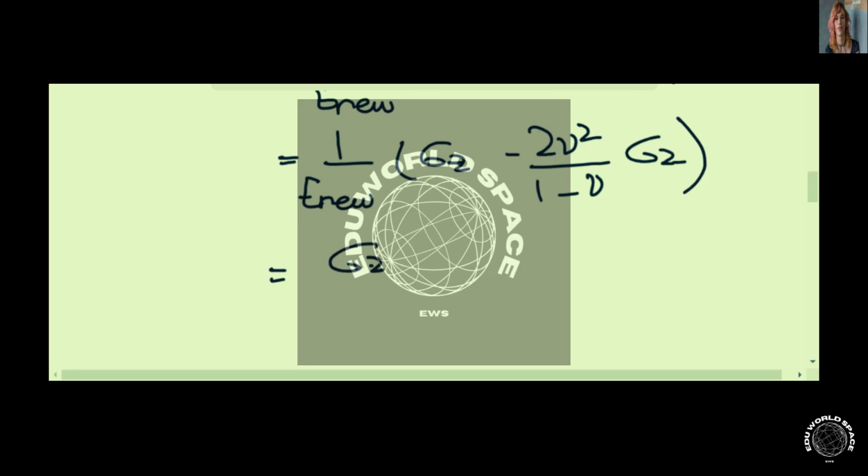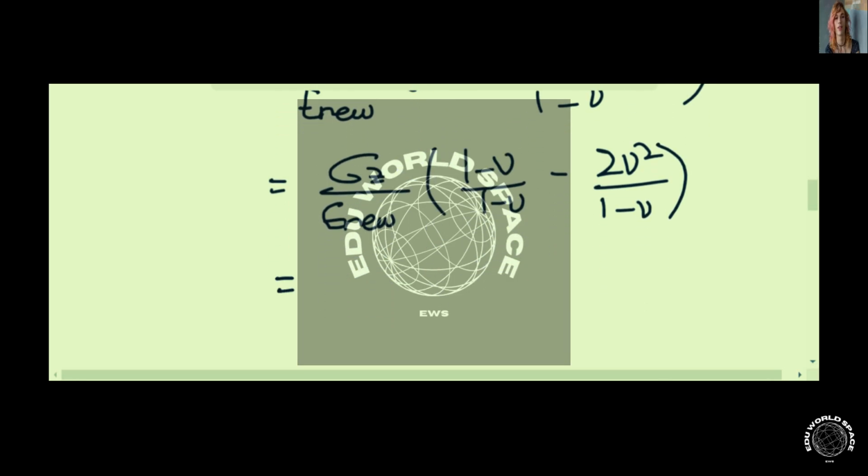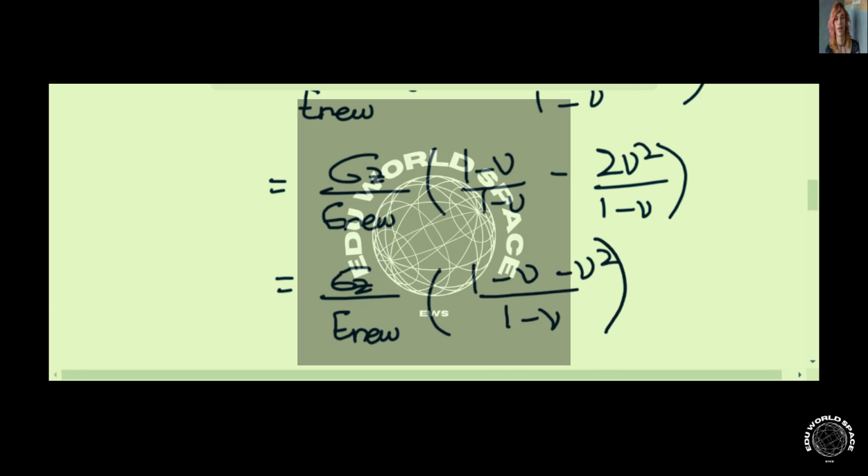So I have the new modulus of elasticity, and over here I have 1 minus v, 1 minus v. This is basic algebraic manipulation, nothing very technical is going on over here, and in the end we'll get this expression, divided by 1 minus v.